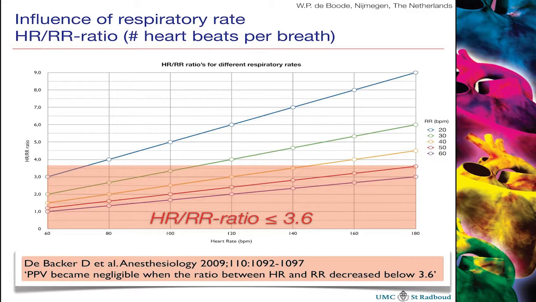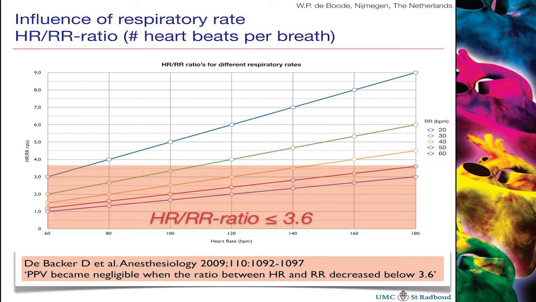The adult critical care has shown that when there is a heart rate to respiratory rate ratio of at least 3.6, in other words, after one breath, you should have at least 3.6, but 4 heartbeats to effectively analyze arterial blood pressure variations. But in newborns, we've got a much higher heart rate to respiratory rate ratio.